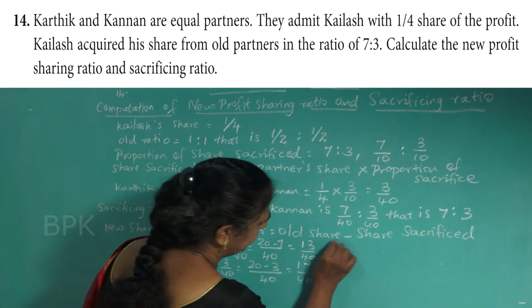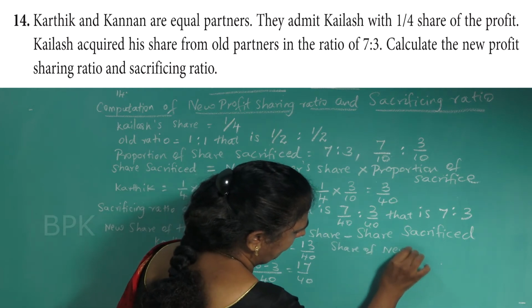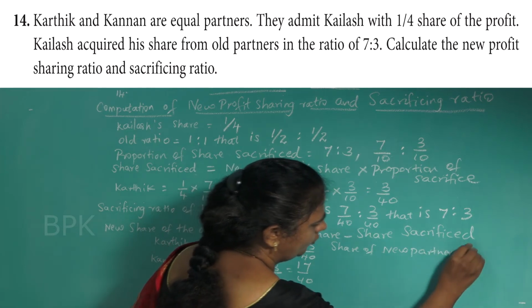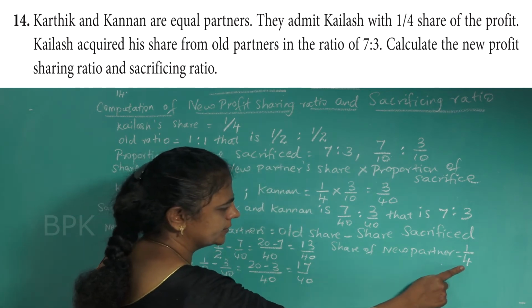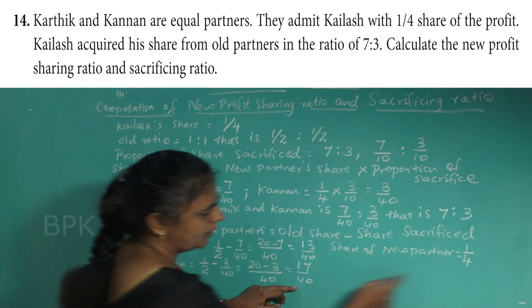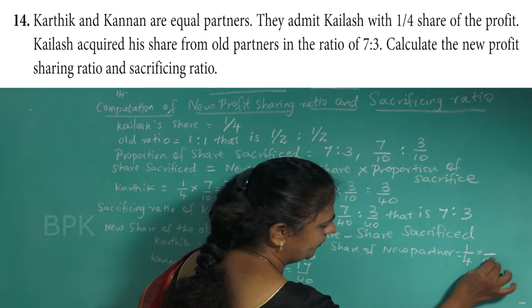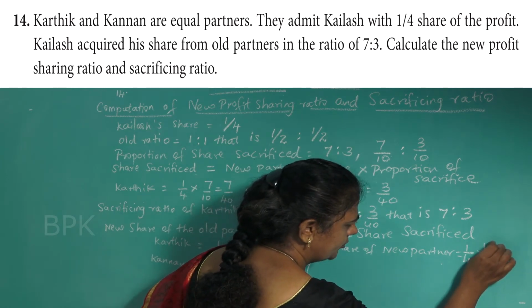Share of new partner is equal to 1 by 4. Your denominator is 40, so you have to get 40. If you want 40, you have to multiply the denominator by 10, and then multiply the numerator also by 10.